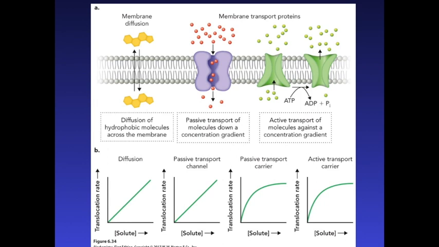Once it lets go, it changes its shape and opens to the other side. So it works like this in terms of the protein's function, and it allows passive transport. Now, in that, there is a rate at which it binds and a rate at which it lets go. And then it has to go back and forth.